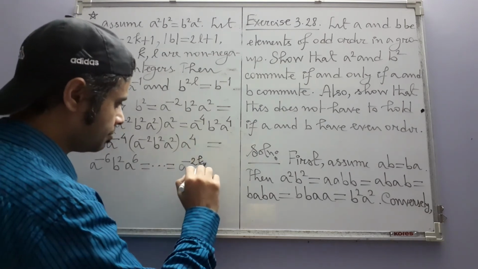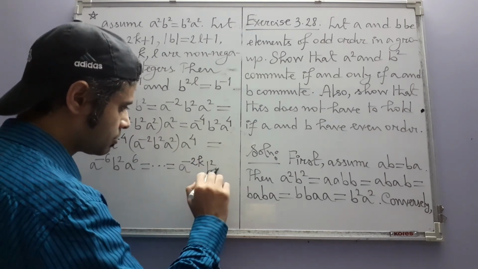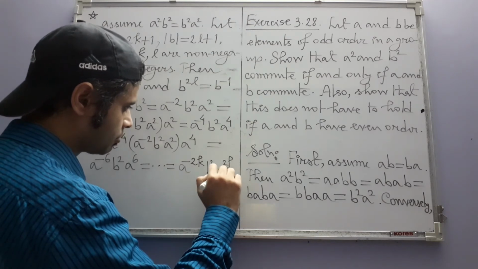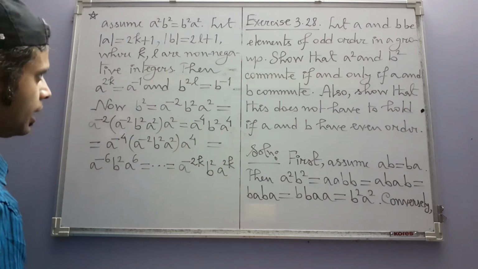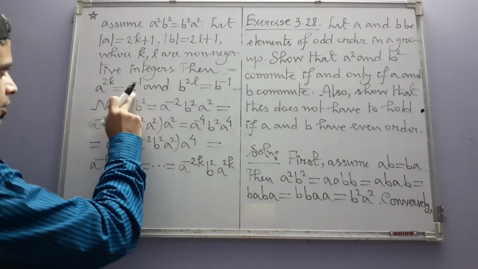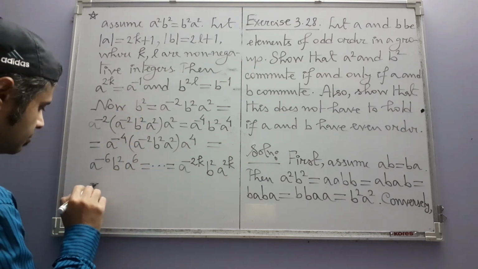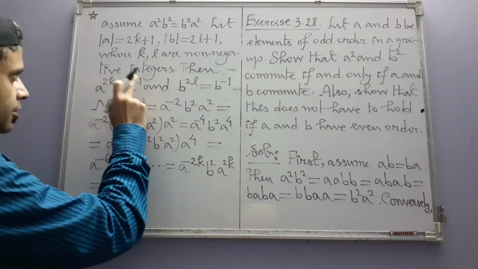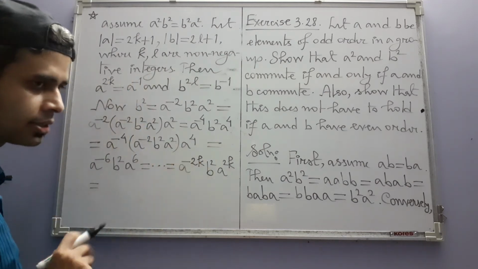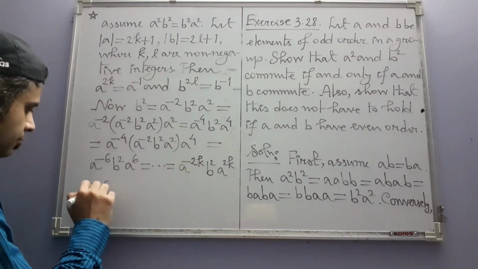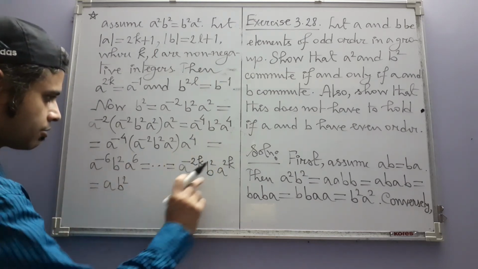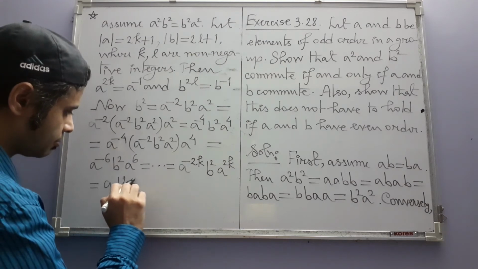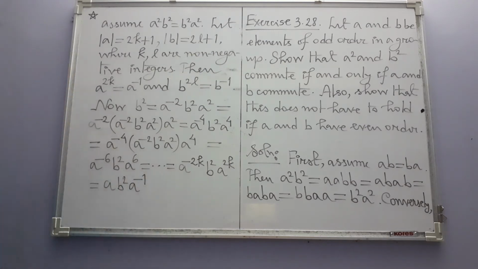2 times K, B square, A to the power 2k, and now this equation can be used because A to the power 2k is A inverse, A to the power minus 2k will be A, and B square, this one is A inverse.